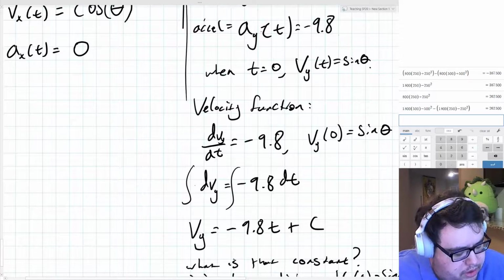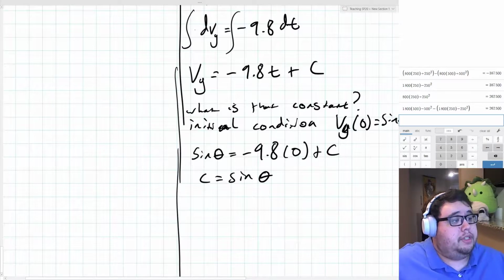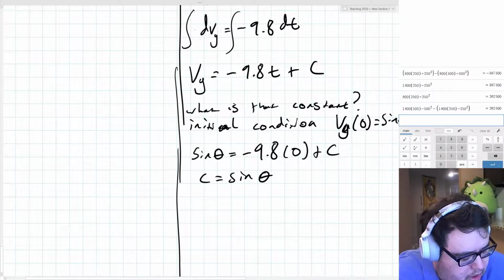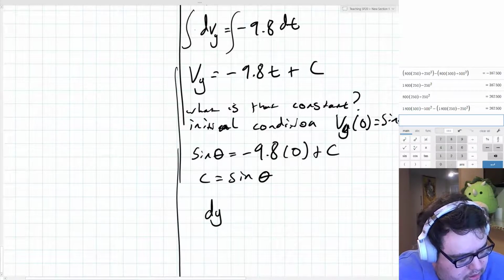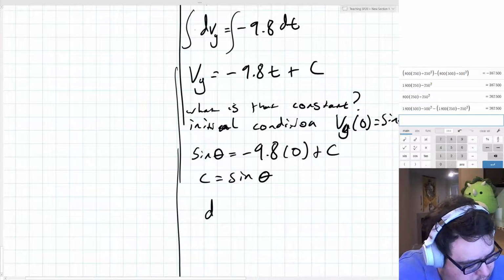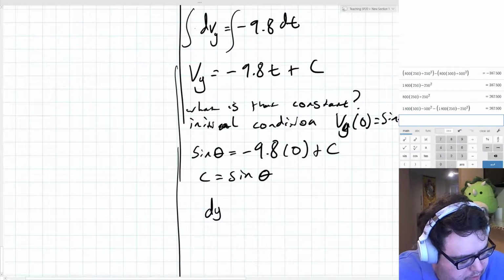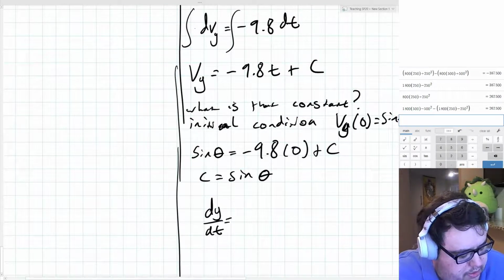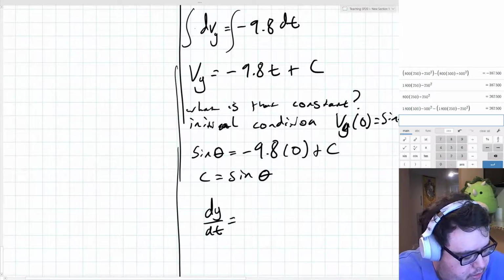We can also use a differential equation now to solve for y of t. So we know that dy over dt, which is our y velocity function, is equal to negative 9.8 t plus sine of theta.